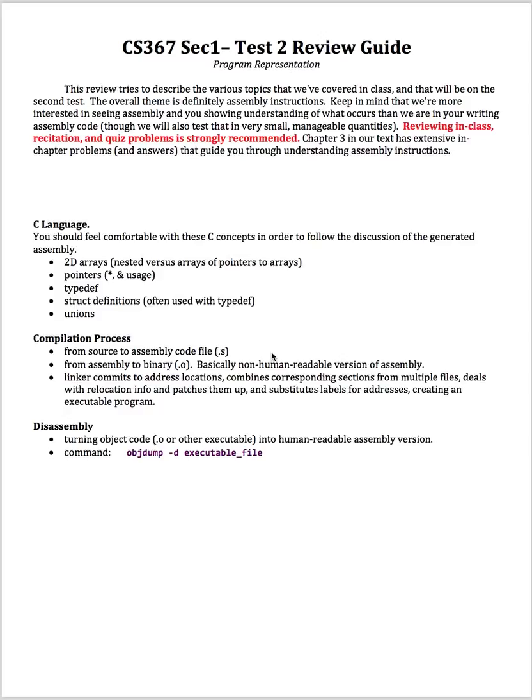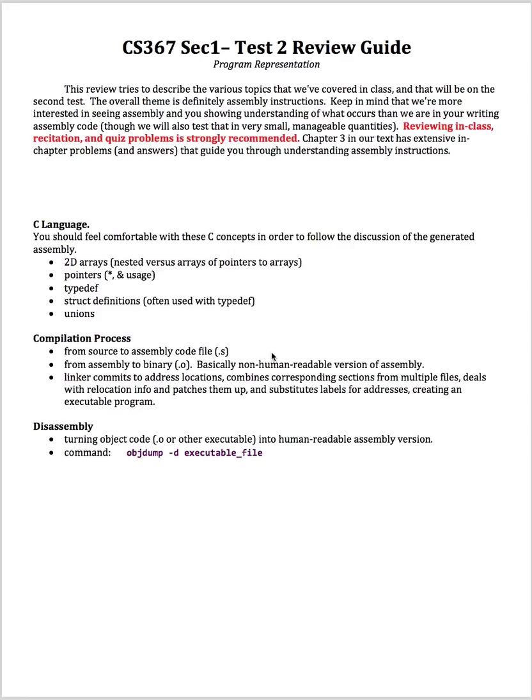In other words, assembly is a human readable version of machine code or binary file. And then later on, the linker merges multiple files into one executable file.